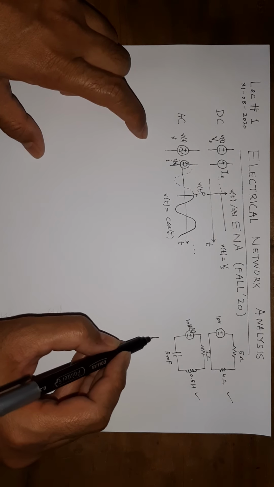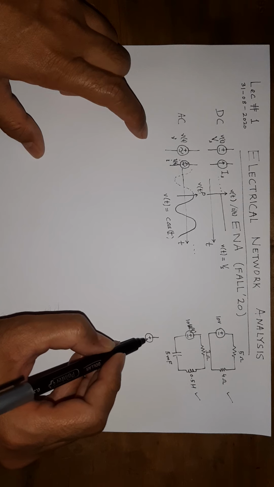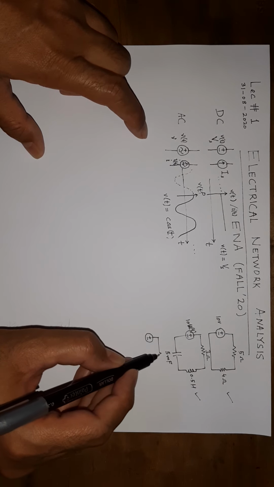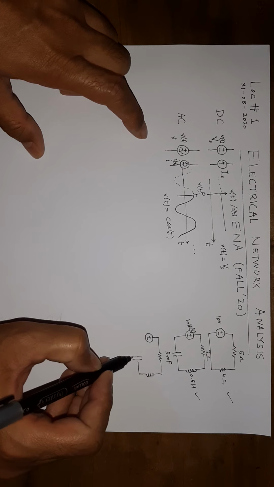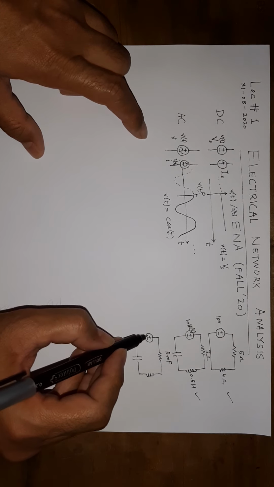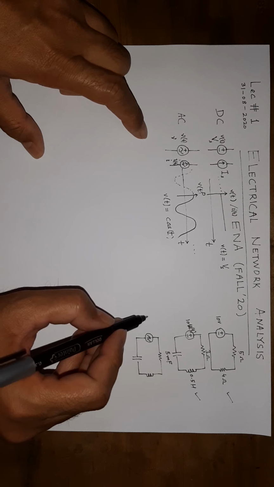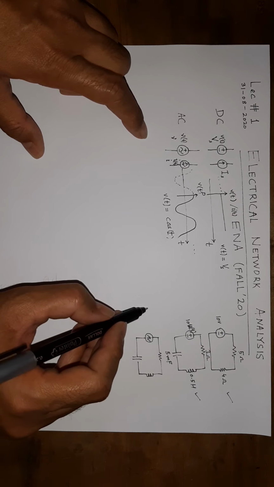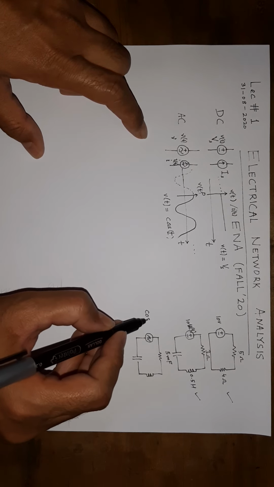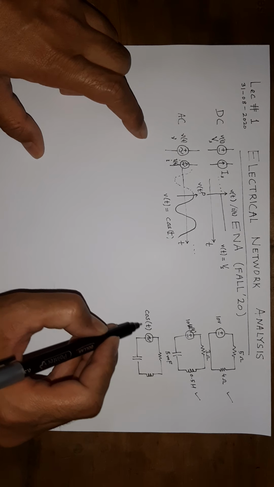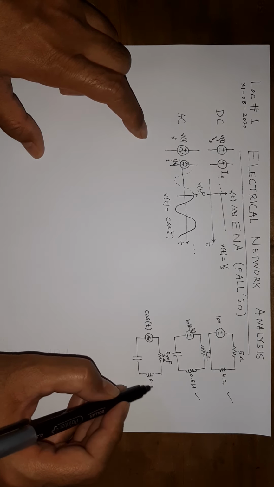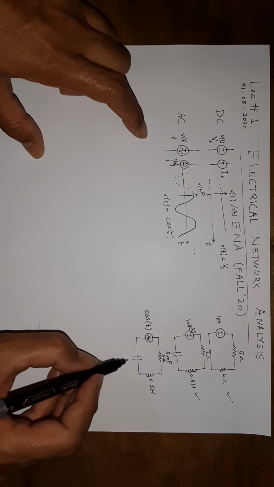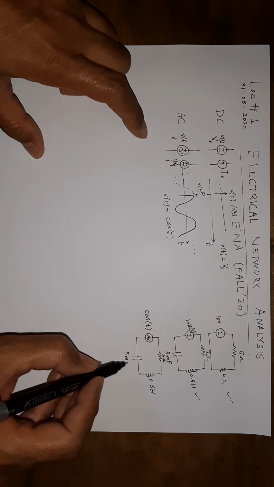Suppose we have the same circuit, the RLC circuit, and this source here is not a DC source. Instead, it is, for example, say, a pure cosine function, cos t, and this is that 3 ohm, this is 0.5 Henry, and this is say 5 millifarad.